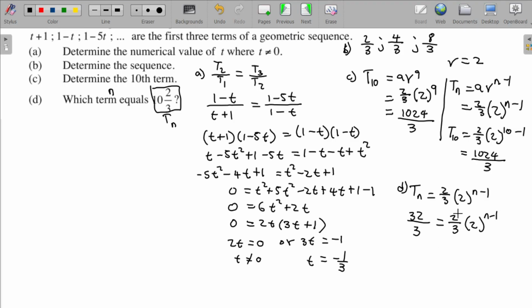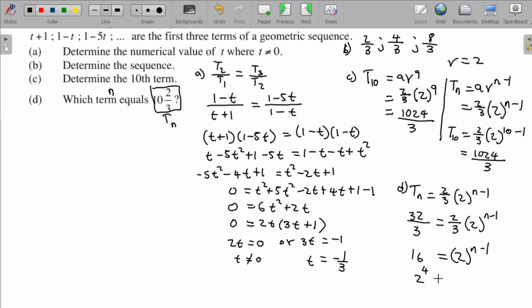Again, the first thing that we need to do here, we're going to divide by 2/3 on both sides. I'm not going to show that step again. Go straight into your calculator and say 32/3 divided by 2/3, and you should get the answer of 16 equals 2 to the power n minus 1, and then my 16 is going to be 2 to the power 4.